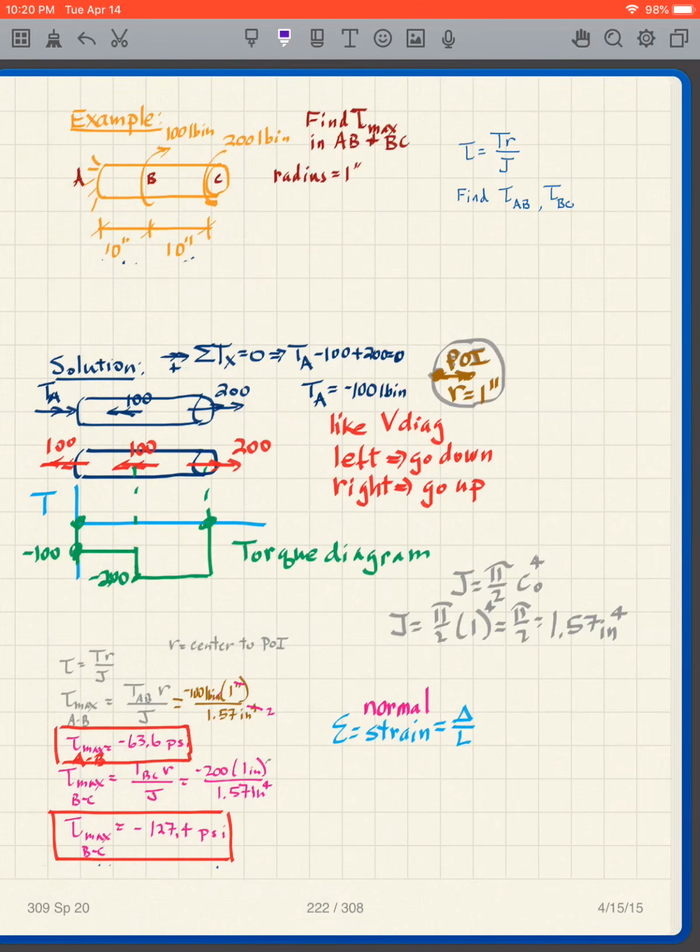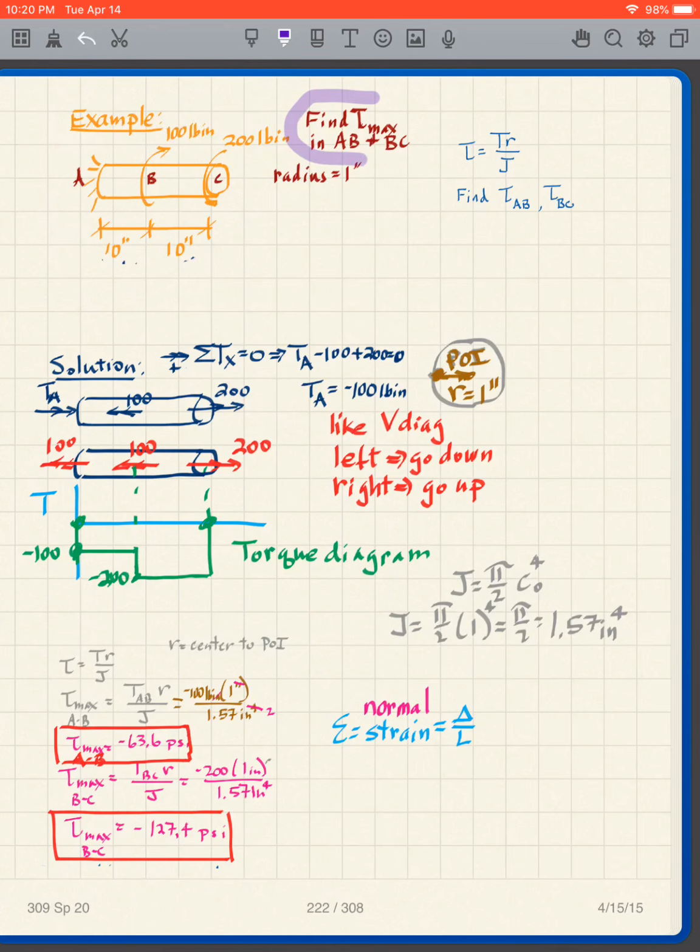Easiest way to do this is with an example. And here's a simple example where I have a cylinder and I am applying 100 pound-inches like that, 200 pound-inches like that, and it's mounted to the wall like that.